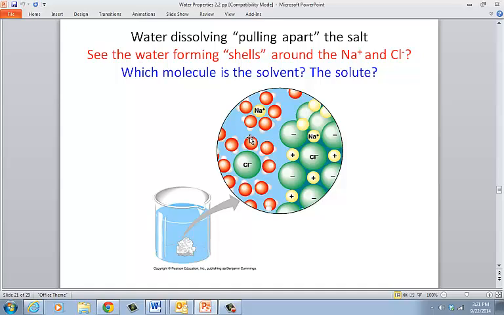And remember that when we talked about polar versus nonpolar, polar is charged, and nonpolar is not charged. So oils, grease, and fats are nonpolar, and water can't grab onto them and dissolve them.